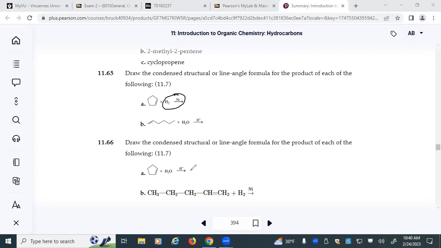Now in chapter 12, we call that a reduction reaction, but the idea is the same. That hydrogen, with the help of this catalyst, is going to spread itself out over the double bond. So we're going to end up with an extra hydrogen here and an extra hydrogen there. And so the net result would be cyclohexane from cyclohexene.